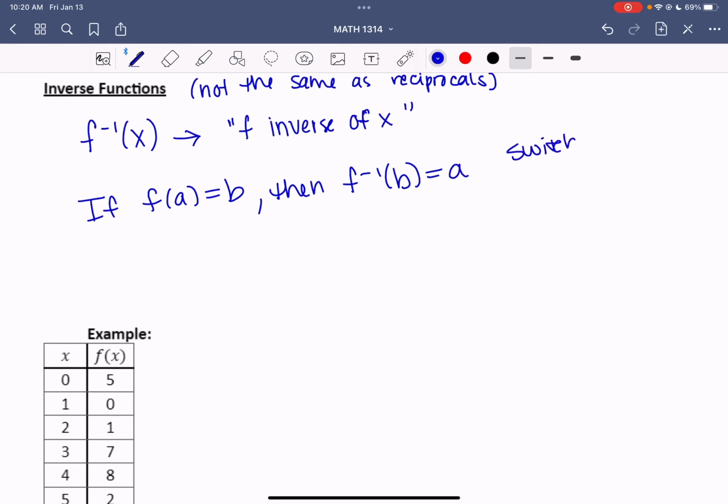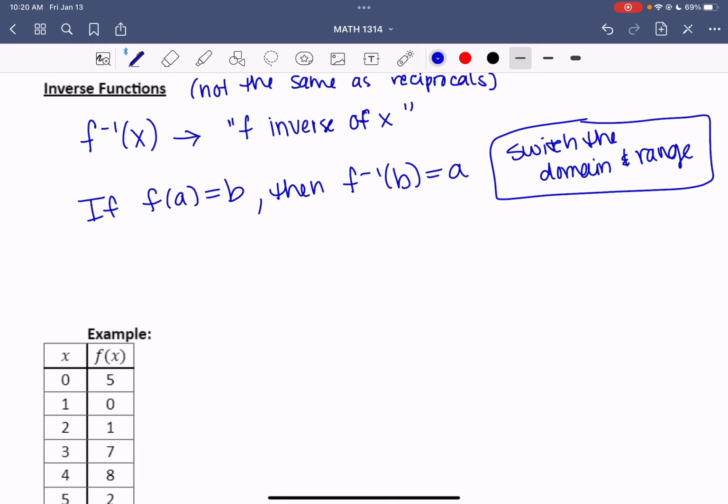So what inverse functions are doing is switching the domain and range. We are taking all of the x's and switching them with all of the y's. So your original equation's domain and range, when it switches to the inverse, the domain becomes your range and the range becomes your domain.